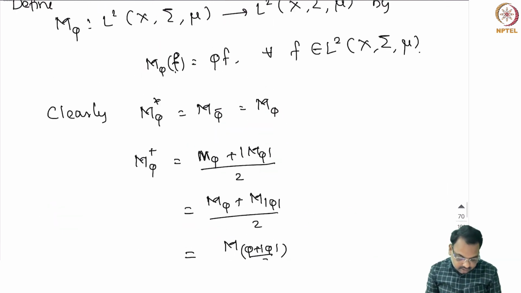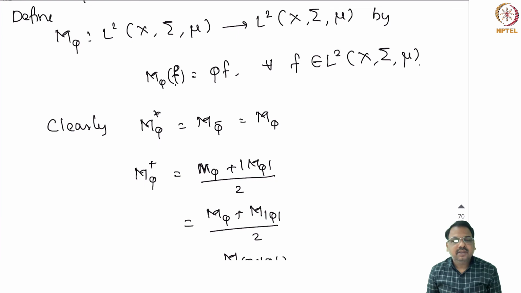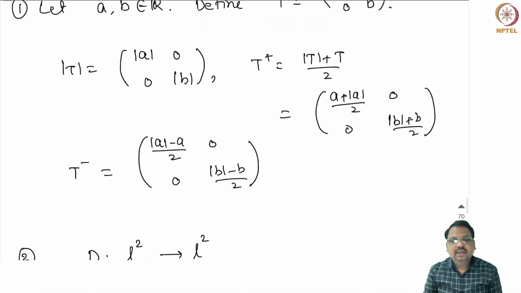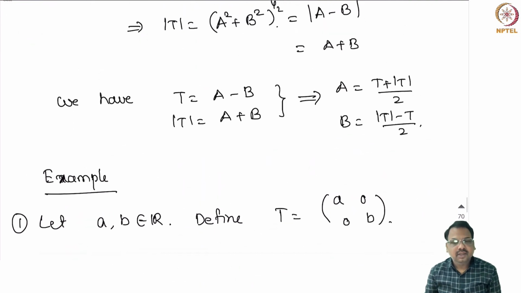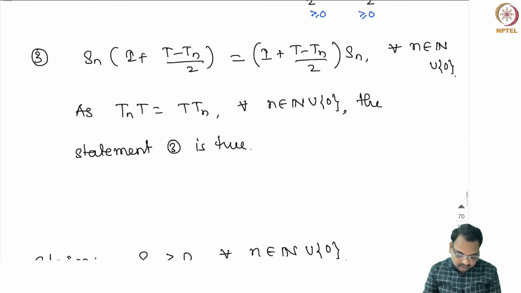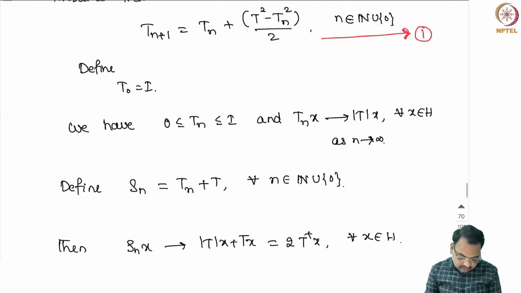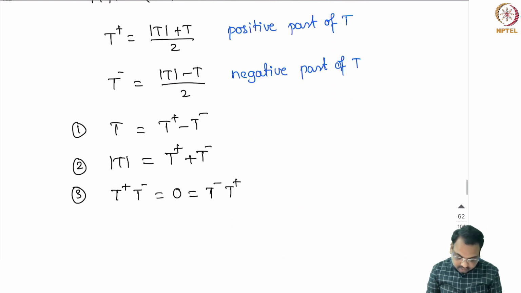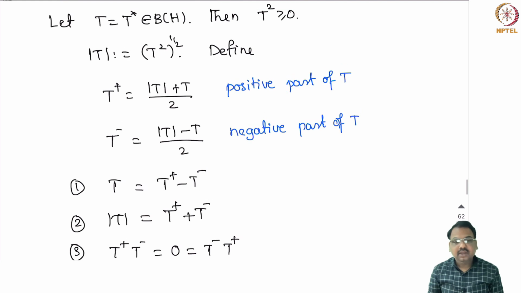So this way we can write a self-adjoint operator as the difference of two positive operators in a unique way, and this decomposition is sometimes known as the orthogonal decomposition of self-adjoint operators. The reason is that we get the product of T⁺ and T⁻ is 0, and that means their ranges are orthogonal to each other. So for that reason it is known as the orthogonal decomposition of a self-adjoint operator. I will stop here. Thank you very much.